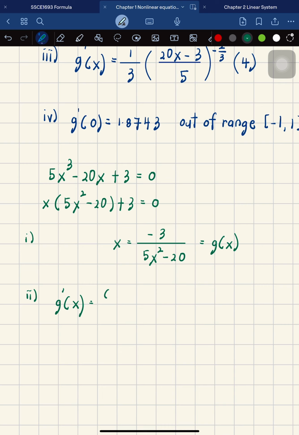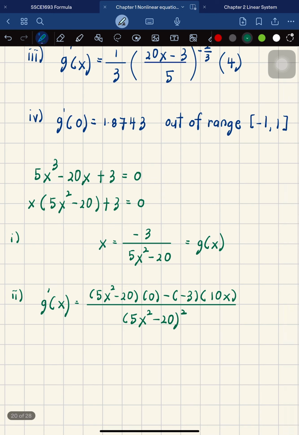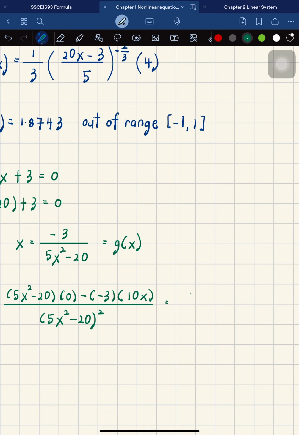So v u prime minus u v prime over v squared. So your answer will be 30x over 5x squared minus 20 squared.